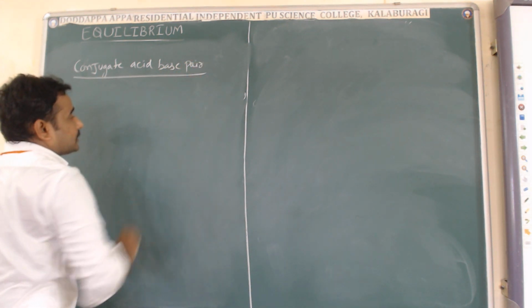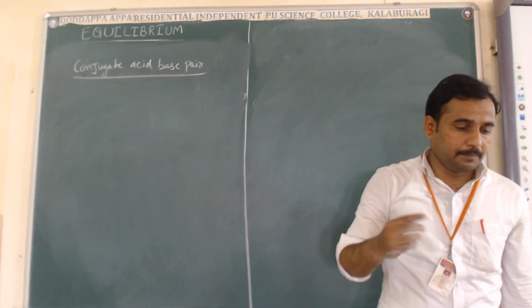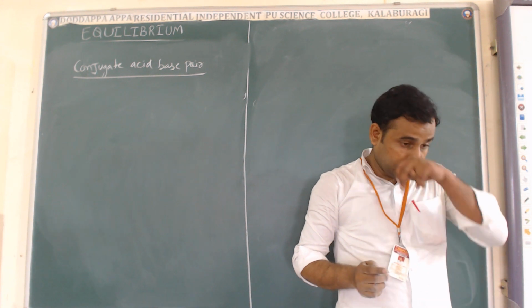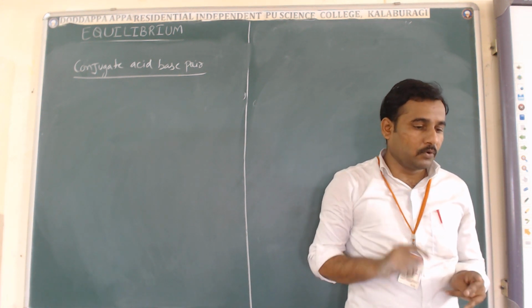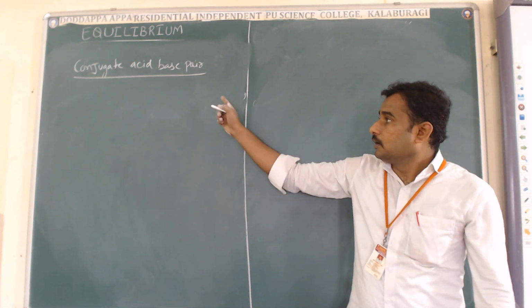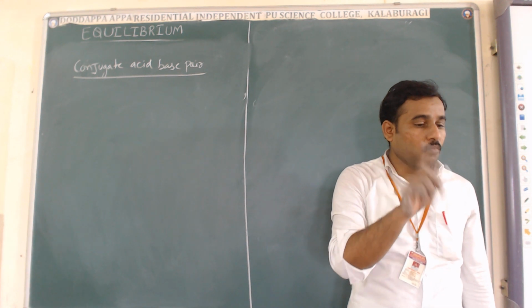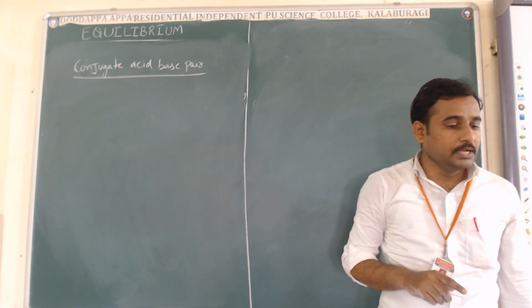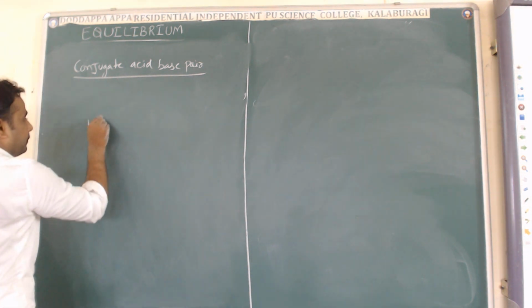What is the meaning of this conjugate acid base pair? The pair of acid and base differ by only one proton. That is what we call a conjugate acid base pair. Suppose the example is HCl.